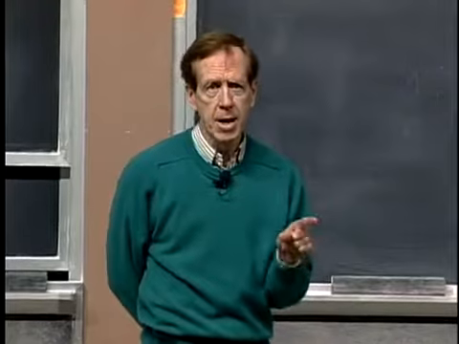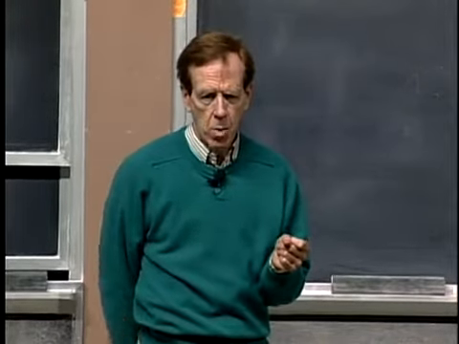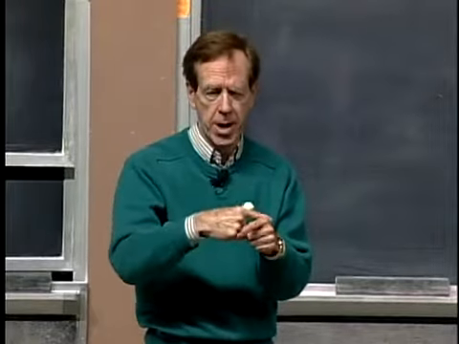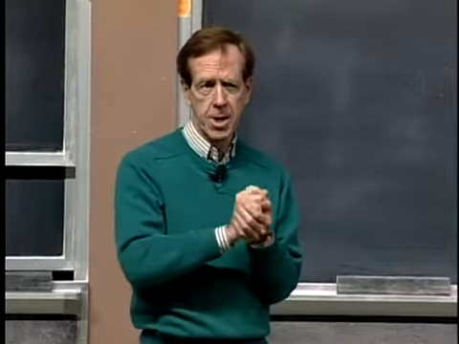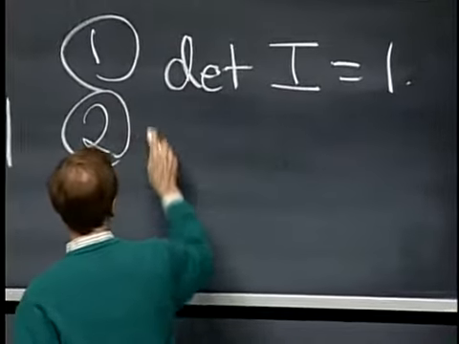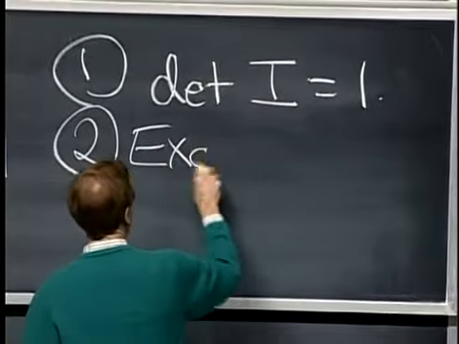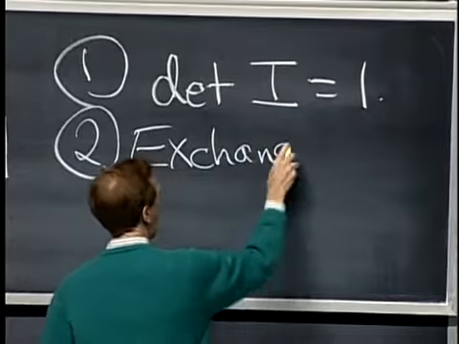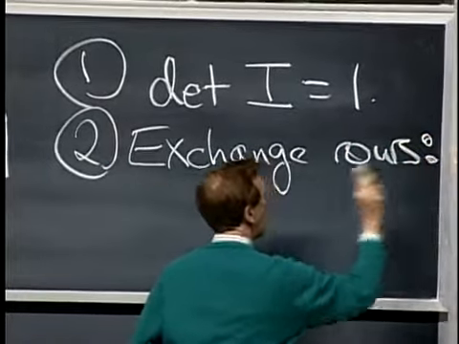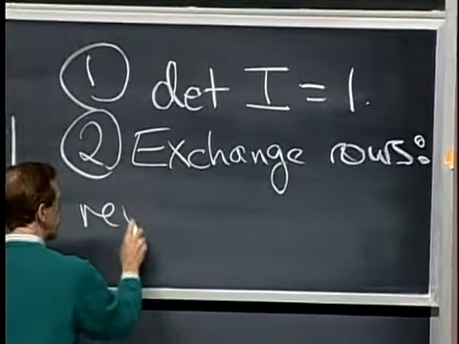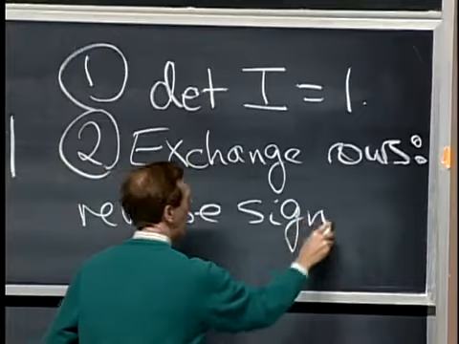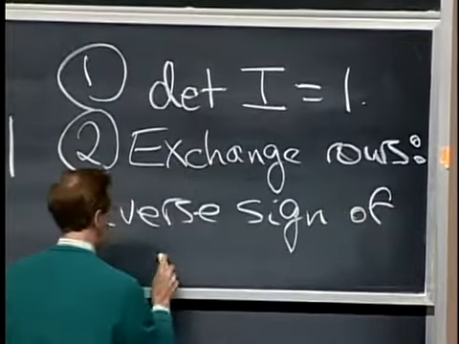Now, the second property is: what happens if you exchange two rows of a matrix? What happens to the determinant? So property 2 is: exchange rows, reverse the sign of the determinant.